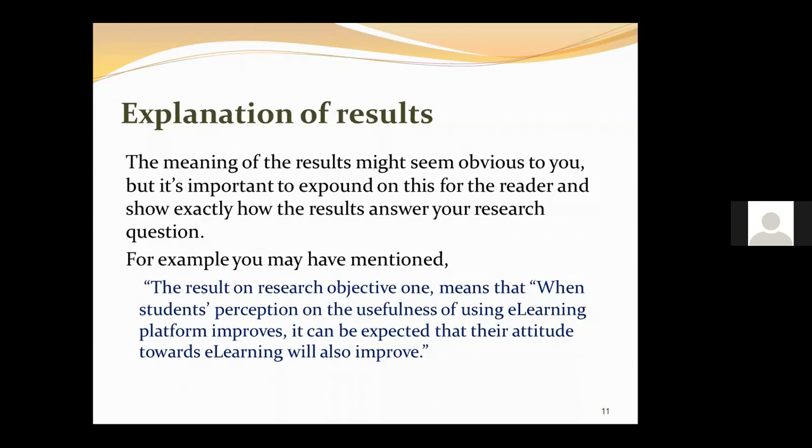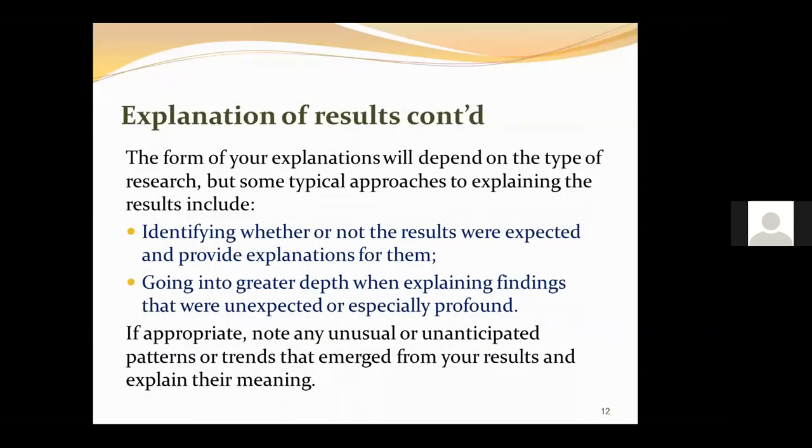I must say at this point that the form of explanation will depend on the type of your research, but some typical approaches to explaining the results will include, number one, identifying whether or not the results were as expected, and then you provide explanations for them.